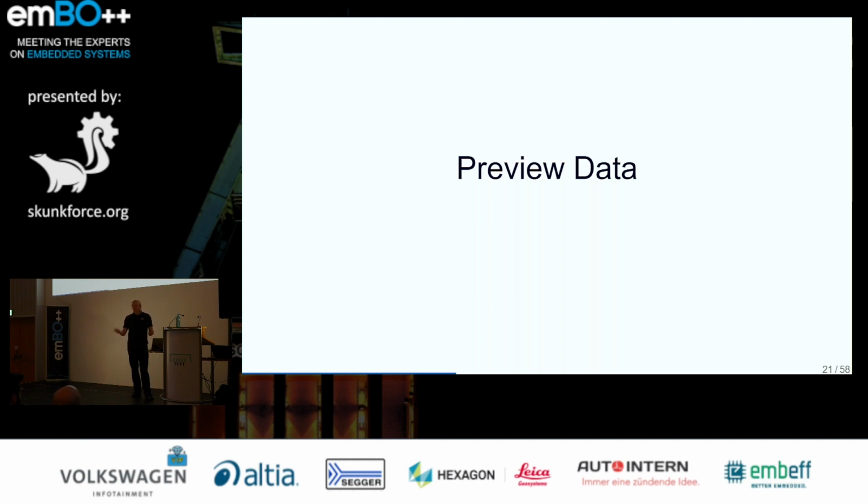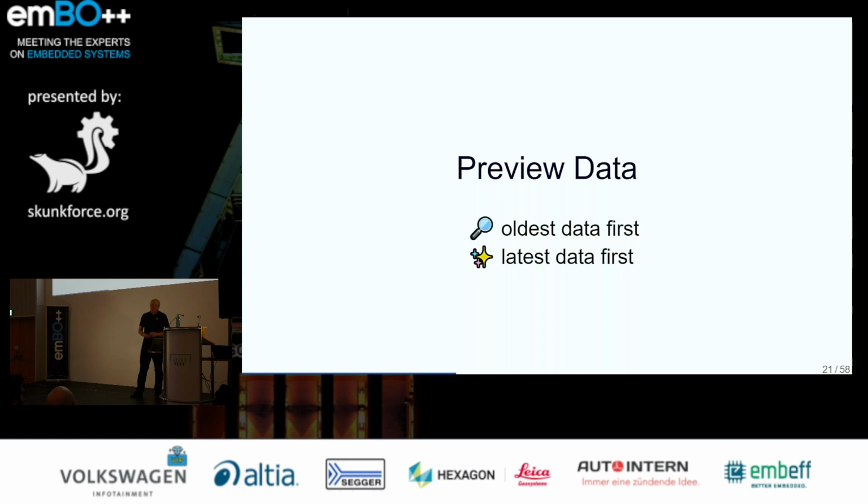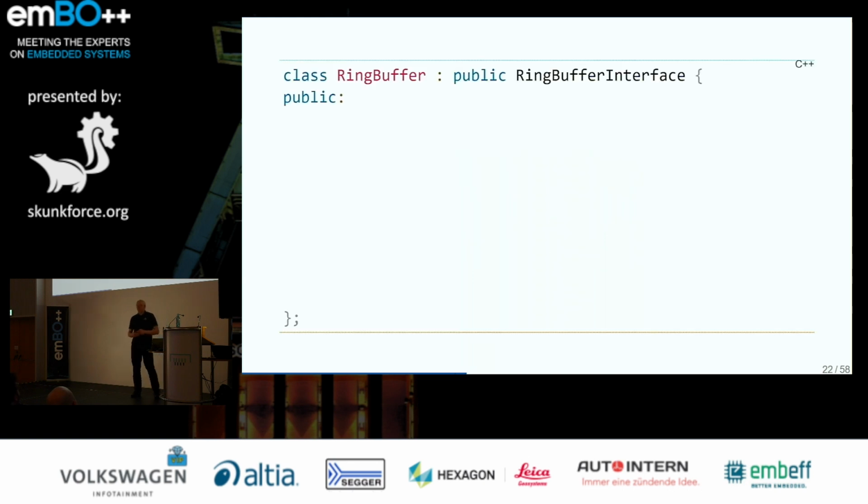So a new use case needs a new interface. And again, we can decide, do we want to read the oldest data, so basically consume all the available data, might be a viable use case, or start with the newest data, like reading the 10 last measurements. Yeah, let's add that to our ring buffer.